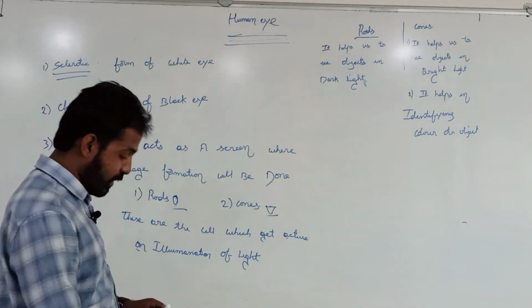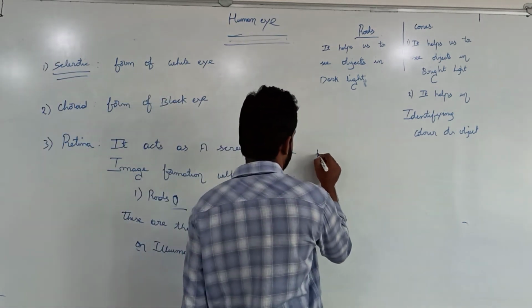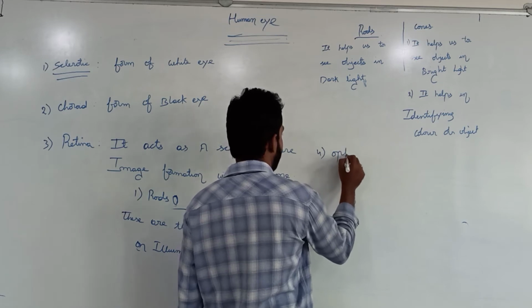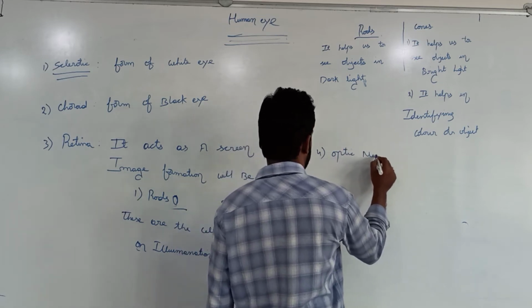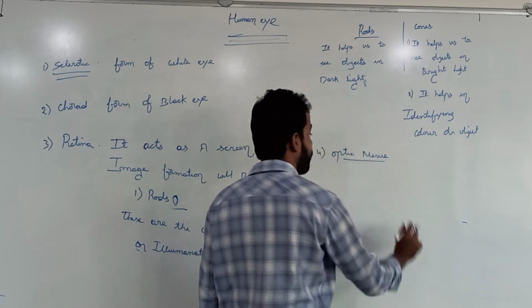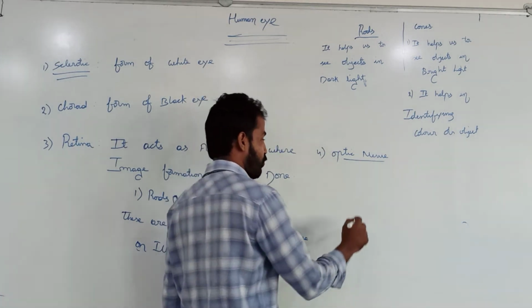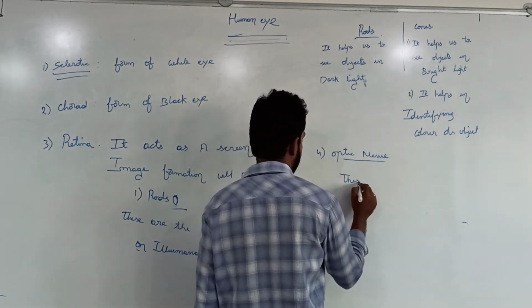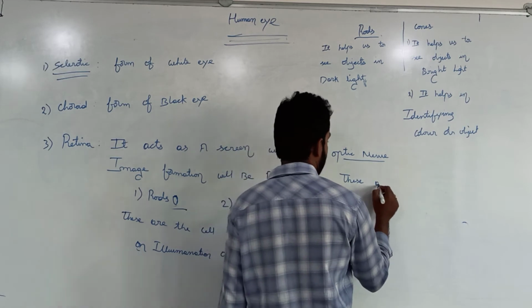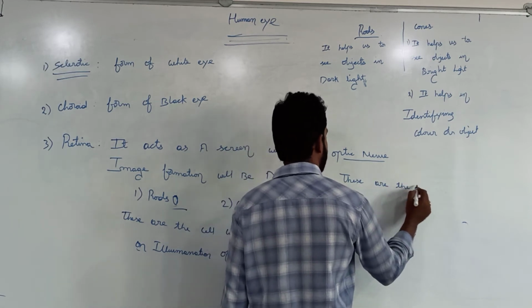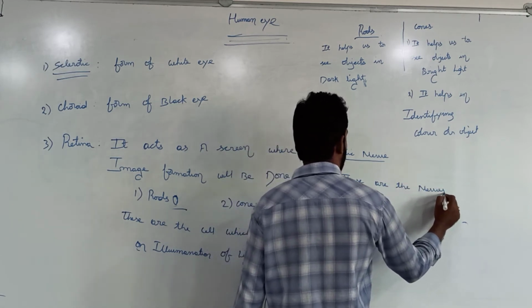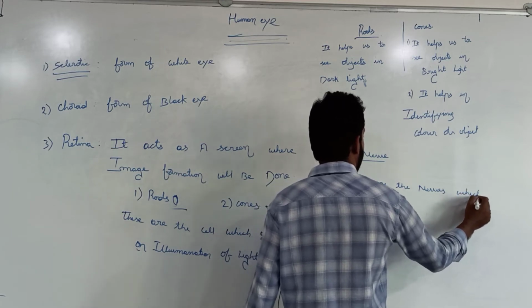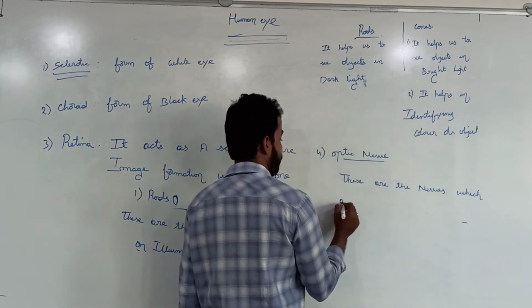The next part is optic nerve. These are the nerves which are connected with the brain.